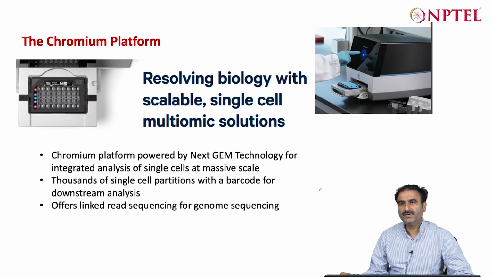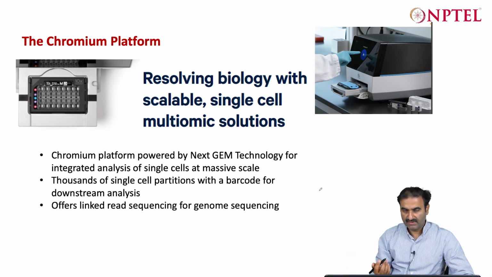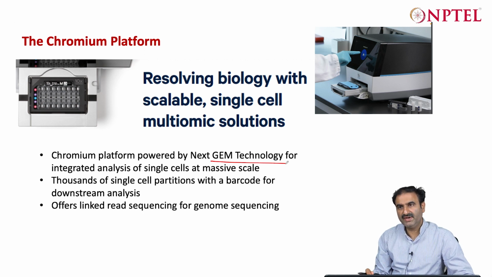Now, to perform single cell genomics, a very good platform is the Chromium platform, which deals with the processing of single cells, and it can construct the library which can be used for later sequencing. It is based on gel bead in emulsion technology, or GEM technology, for integrated analysis of single cells at a massive scale.